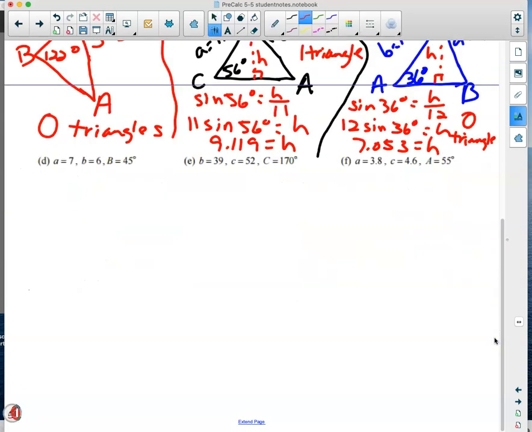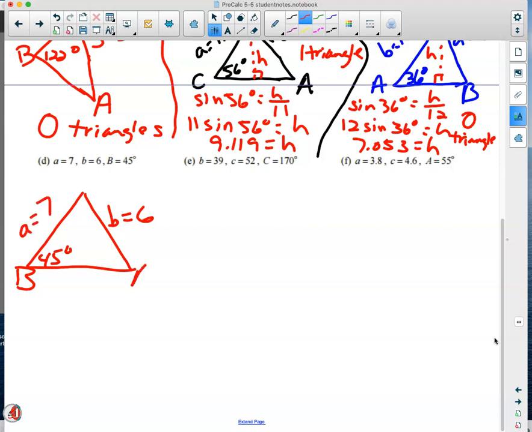D. By now, hopefully you're putting that lower left corner always as that angle without me telling you about it. And then we've got our lowercase b for the opposite side. The other side always goes to the adjacent side to angle B, or whatever angle they give us.